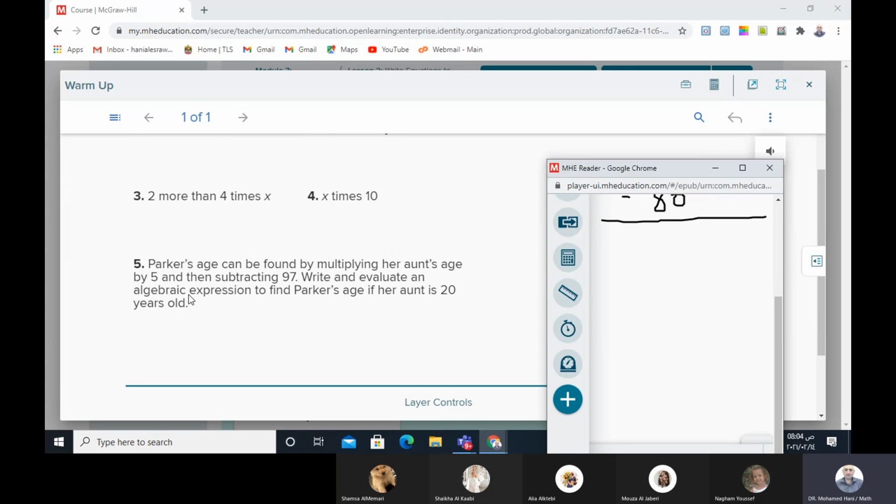Who can read exercise number 5? Mister, I'm Nagam. Can I read it, please? Start, please. Parker's age can be found by multiplying her aunt's age by 5 and then subtracting 97. Write and evaluate an algebraic expression to find Parker's age if her aunt is 20 years old. Great. Who can tell me what is the expression here?